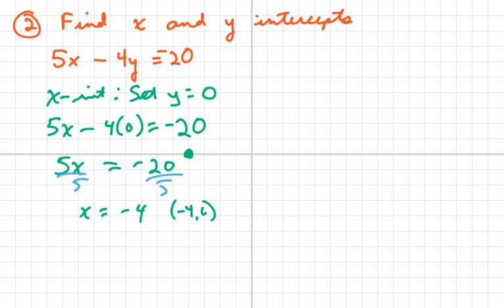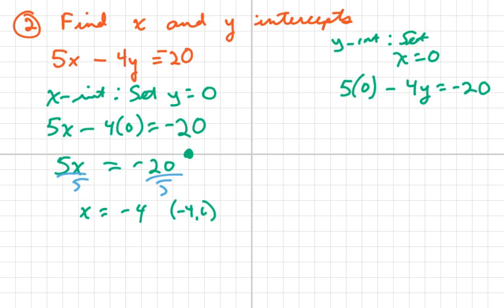And then to get the Y-intercept, set X equal to 0. So you get 5 times 0 minus 4Y equals -20. So that's 0 minus 4Y equals -20.